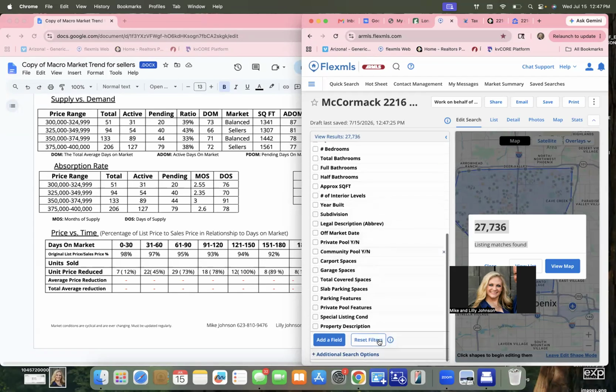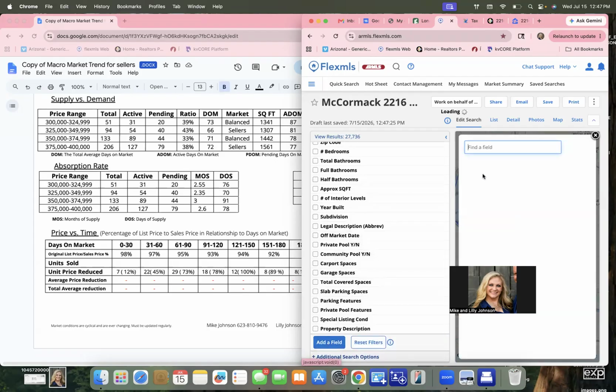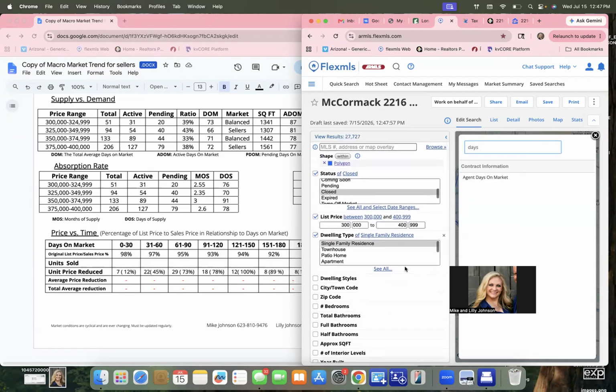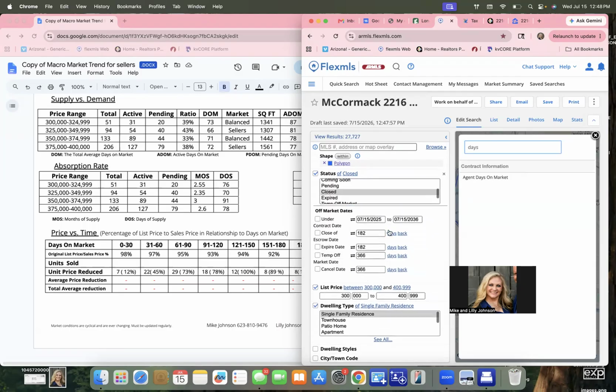And then I'm adding a field, days. I do want that, but not yet. Agent days on market, that I want. Oh, that's right. Okay, close. This is where I want my 100.